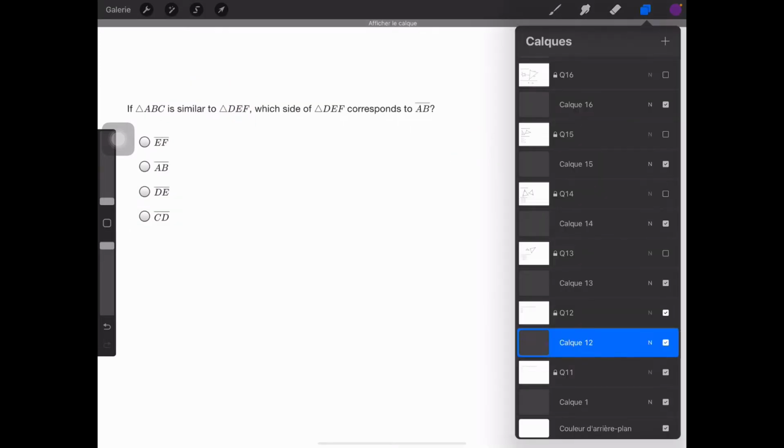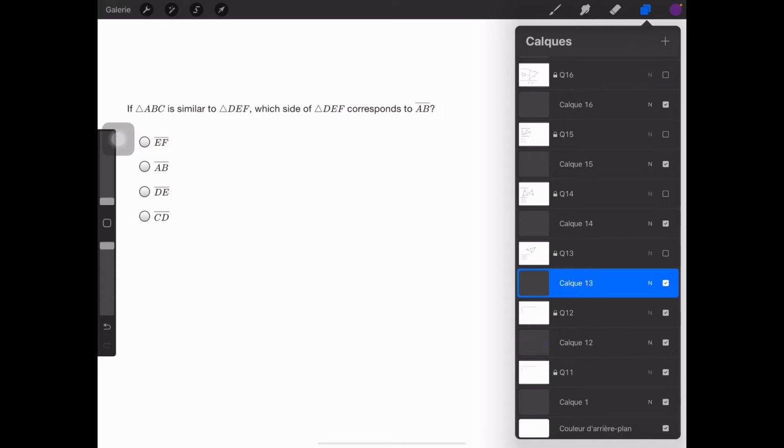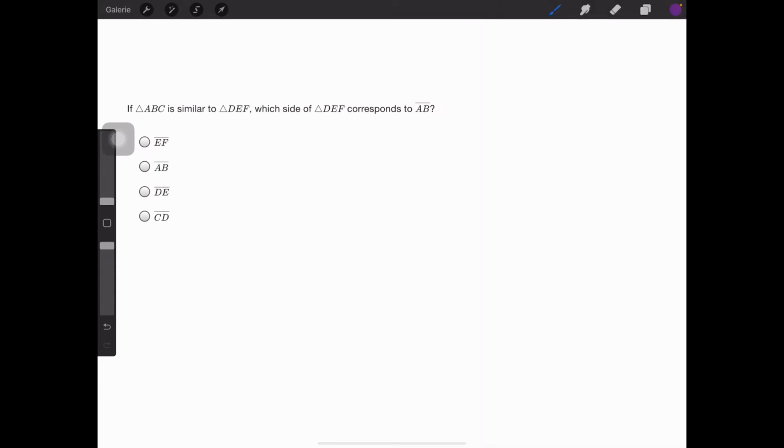Let's check out the next one. So this next question is also a similar triangle. Again, without even looking at the question, I'm just going to write out the names of my triangles, ABC, DEF. Now that I have that, I can read it. ABC is similar to DEF. Which side of DEF corresponds to AB?